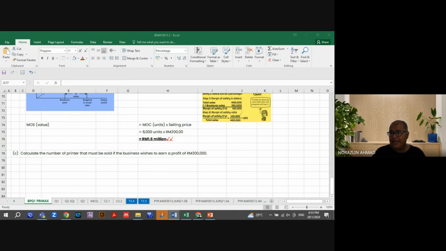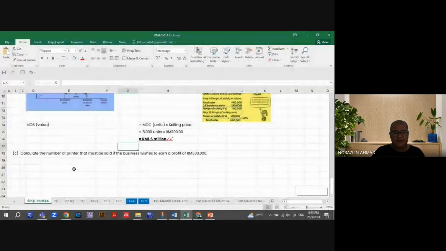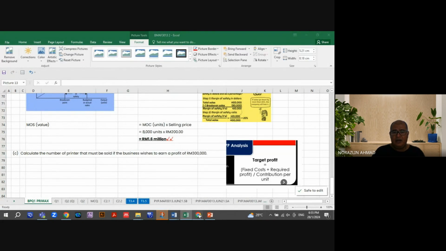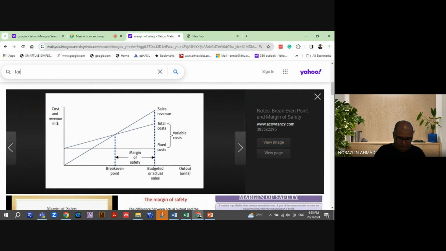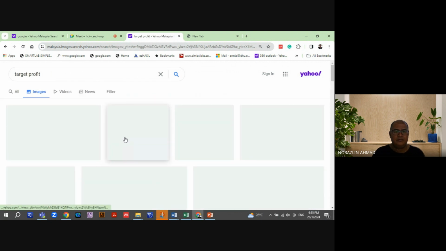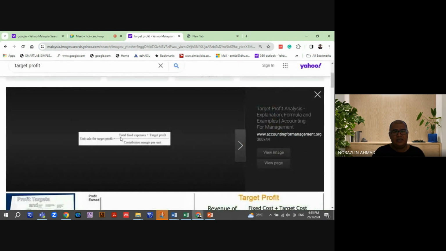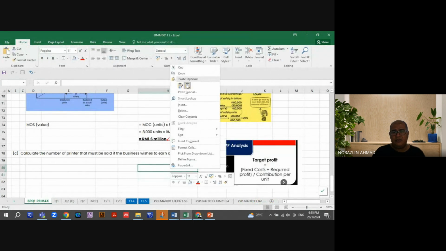How many printers does the company need to sell in order to get the target profit? This is the target profit formula. You can easily get it from Mr. Google.